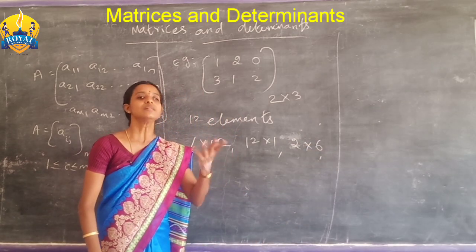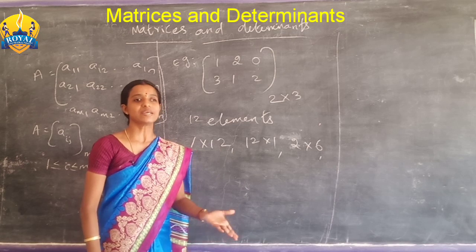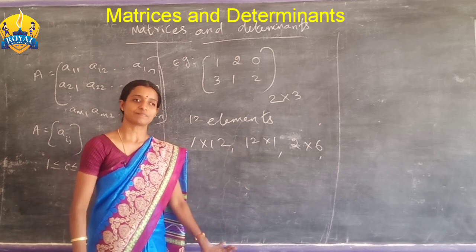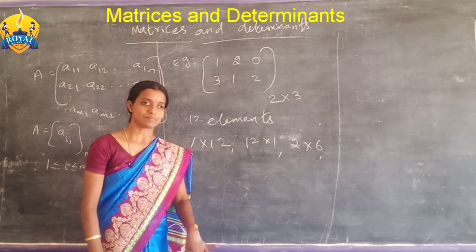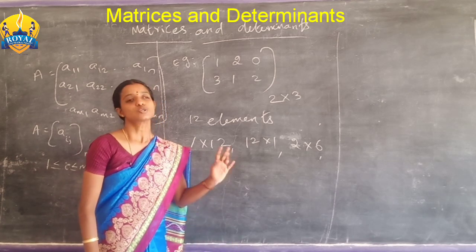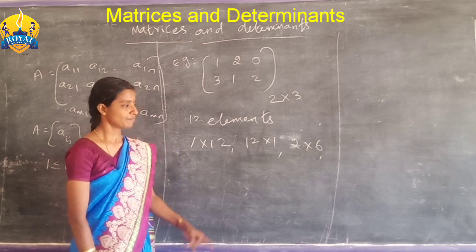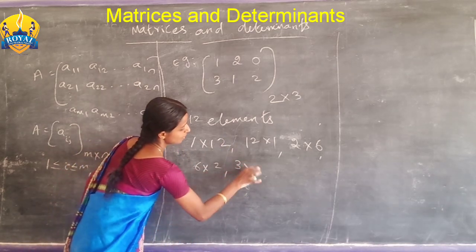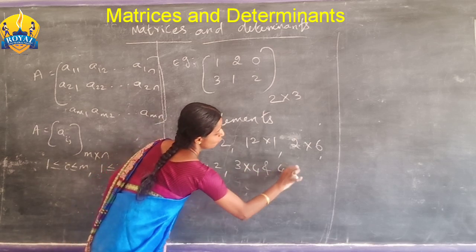In whatever way you multiply the rows and columns, your result should be 12. What are all the natural numbers you multiply so that the product is 12? 2 cross 6, 6 cross 2, 3 cross 4 and 4 cross 3.